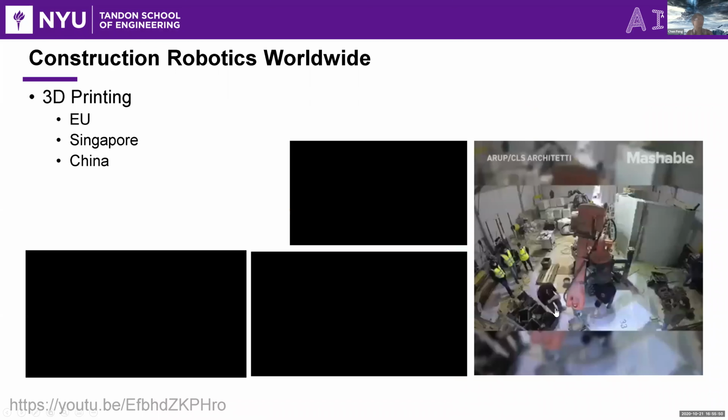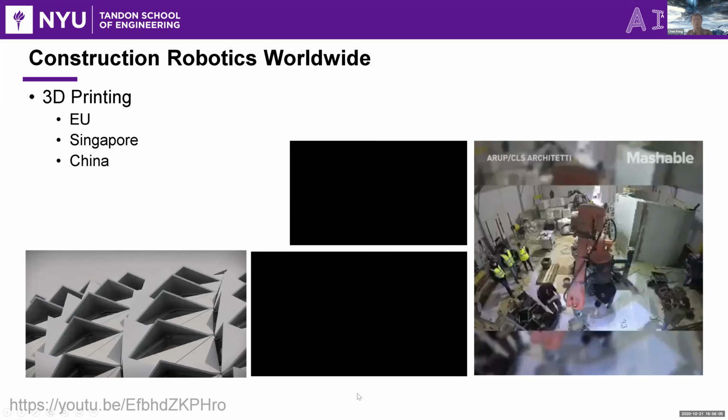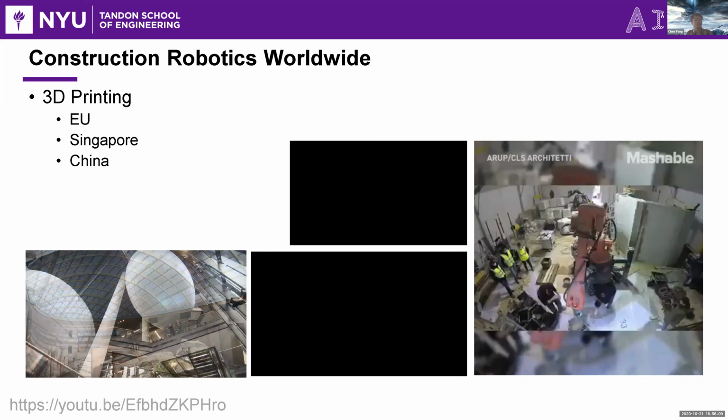Okay, a more realistic line of research is 3D printing using robot arms. Here, robot arms means those 6 degree of freedom robot arms typically used in the car manufacturing industry.